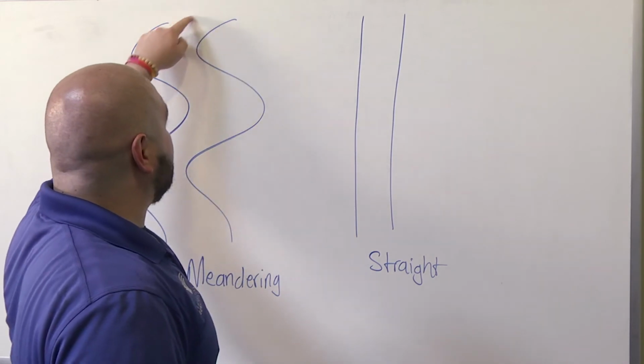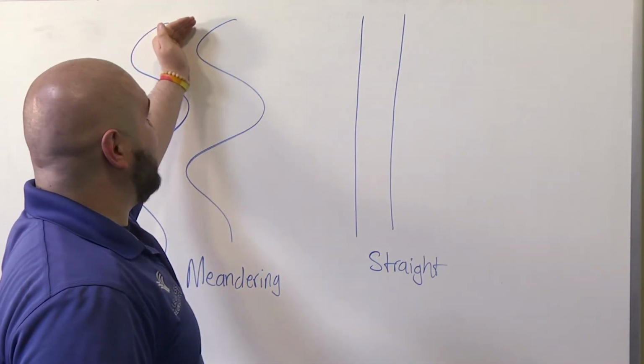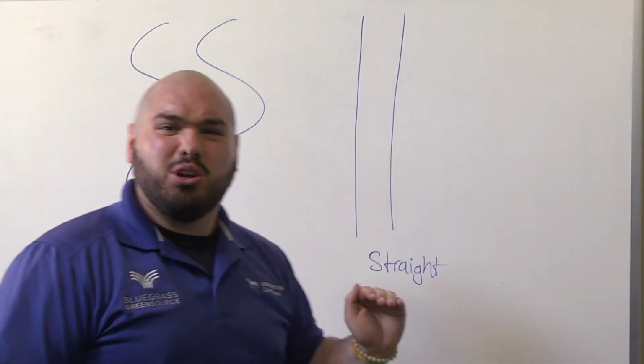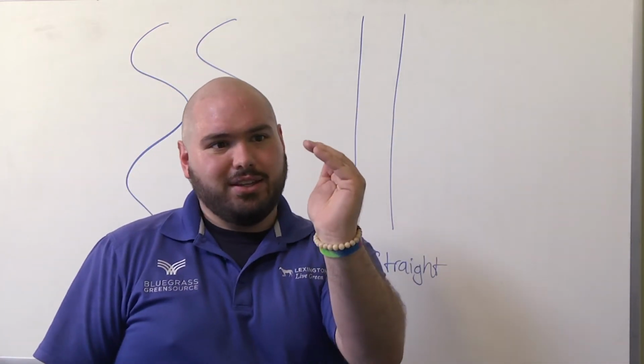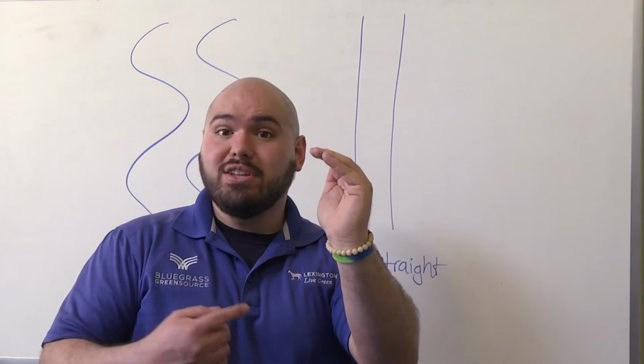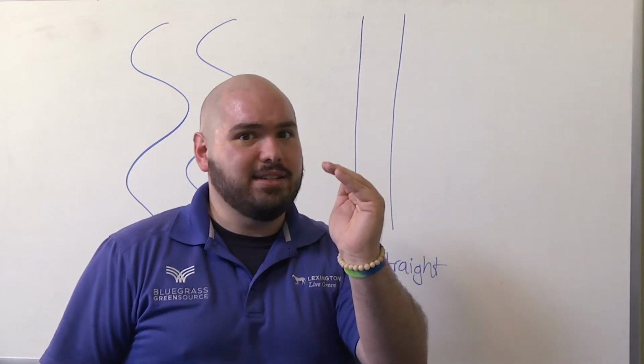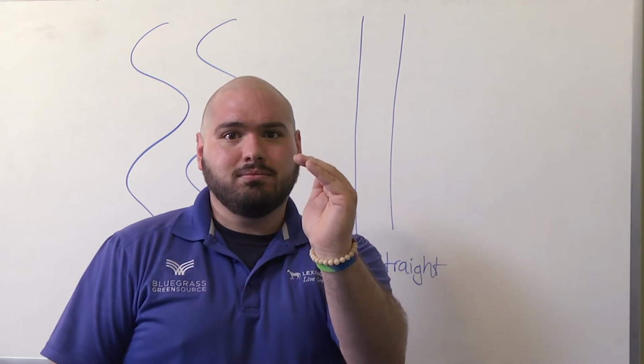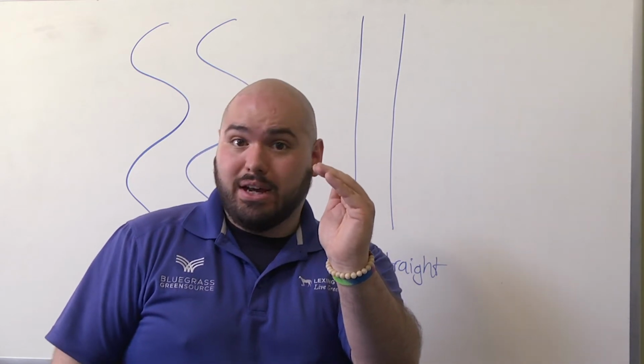Now, think about as the water flows, each of these meanders has what's called an inside and an outside. So make a little meander with your hand. It's going to look just like this. If this is your meander, show me what the inside of the meander looks like. Where is the inside of your meander? Where is the outside of the meander?